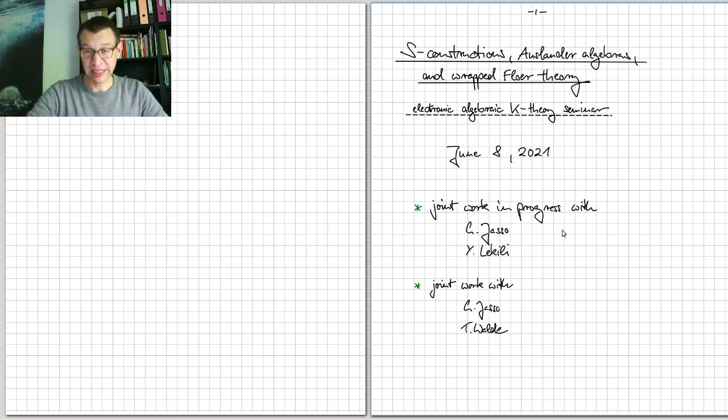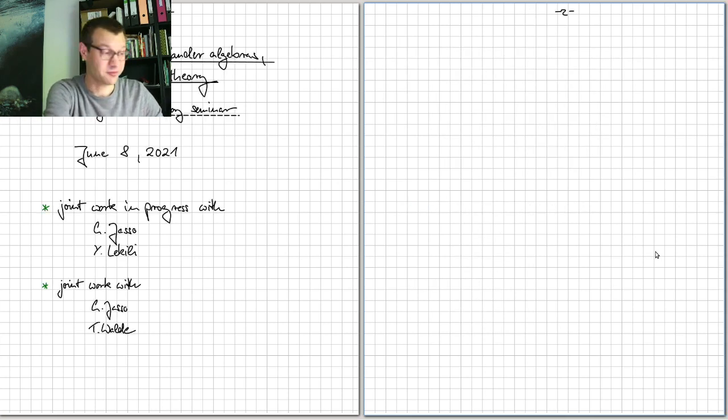What I'd like to explain is basically a relation between these various gadgets in mathematics, and I'd like to do that by also giving a quick introduction to each of these, because I don't want to assume that you're familiar with any of it.